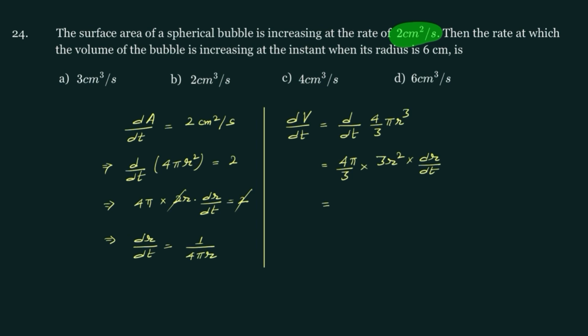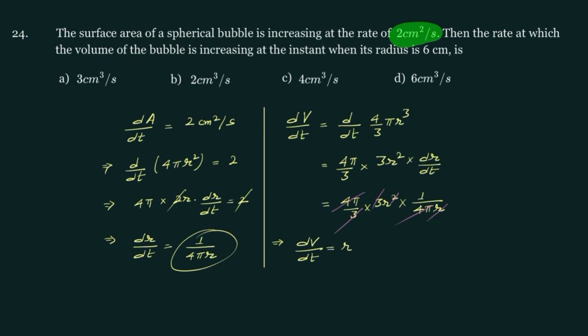So this will be equal to 4 pi by 3 into 3r square into the value of dr by dt, which is 1 by 4 pi r. So here this 3 and 3 get cancelled, 4 pi and 4 pi get cancelled, r and 1 r get cancelled. That means the rate of change of volume with respect to time is simply r.